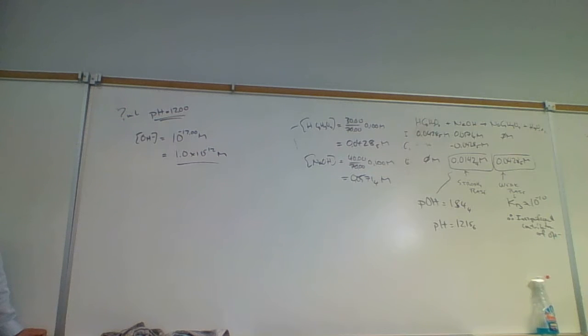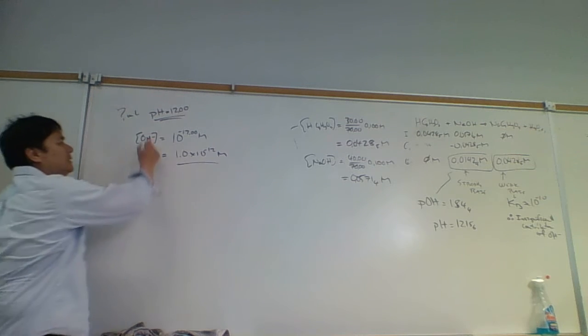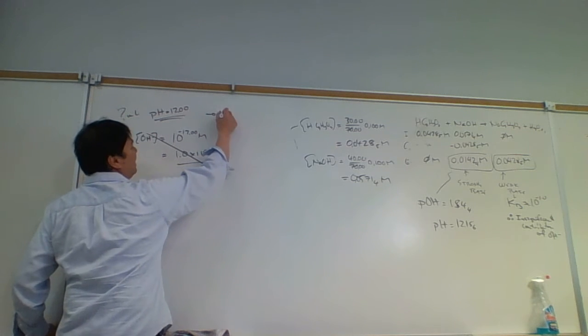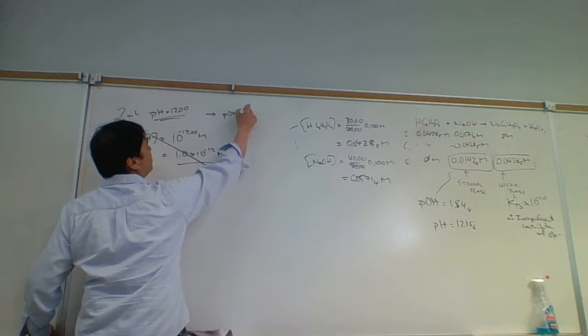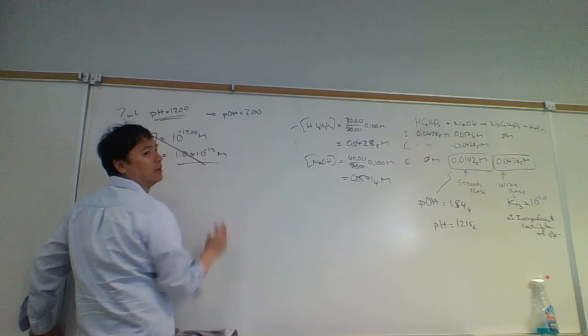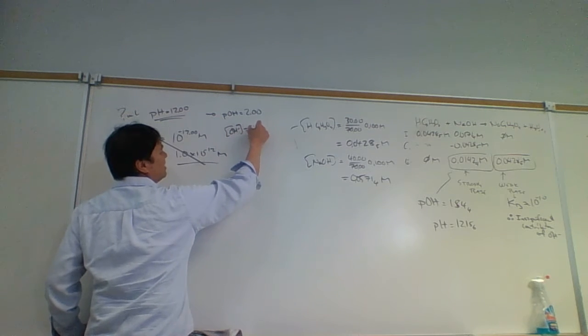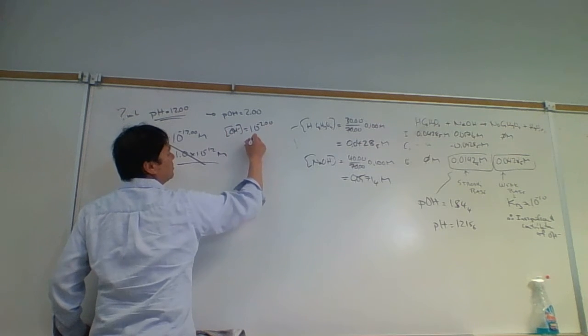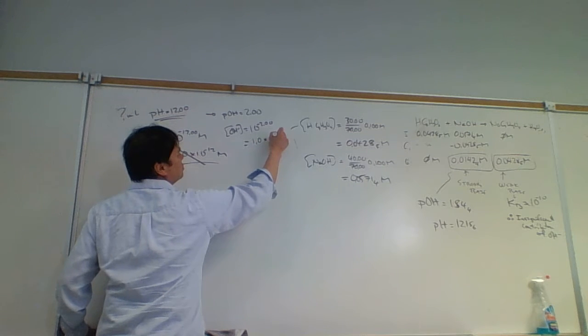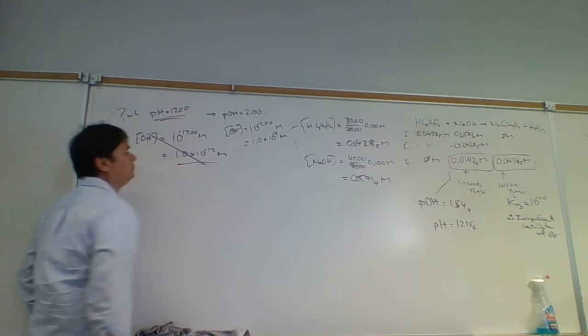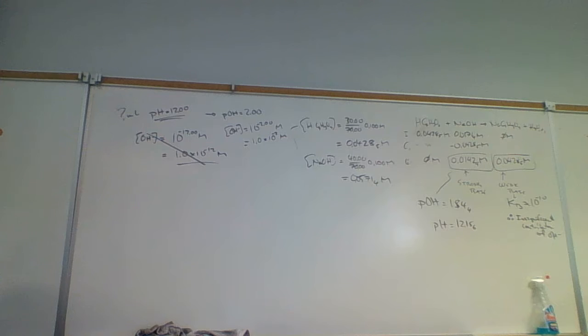Actually, I made a mistake. Do you see it? Right, so not this, because I need to go from pH to pOH. And the pOH would be 2.00. And that means the hydroxide is going to be 10 to the minus 2.00, which is going to be 1.0 times 10 to the minus 2 molar. Okay, is that right?